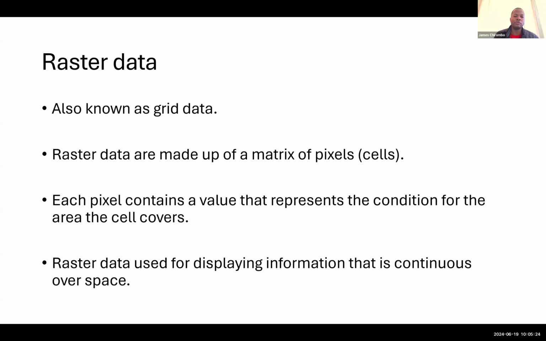So you have to have some kind of a continuous surface to represent the continuously changing feature. So to achieve that, you use a matrix of pixels or cells. So each cell then contains a value that represents a condition that that cell covers.